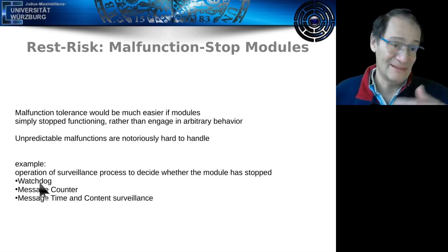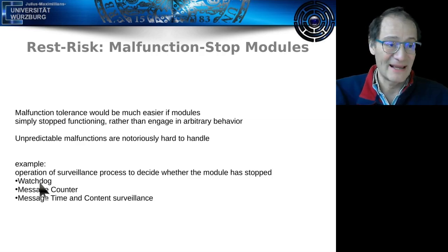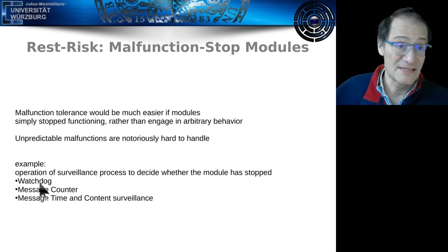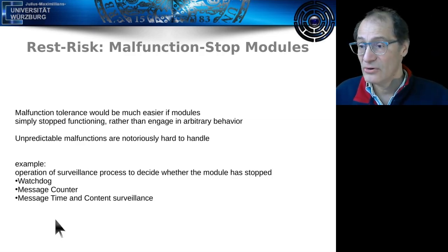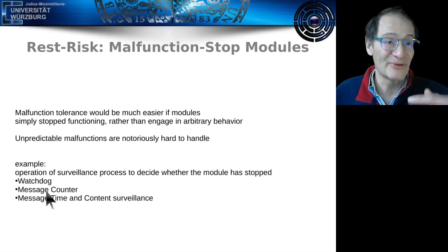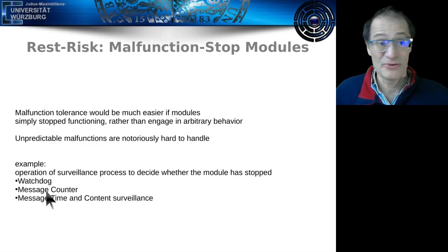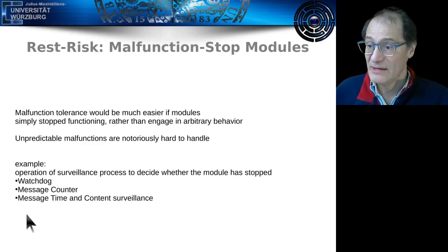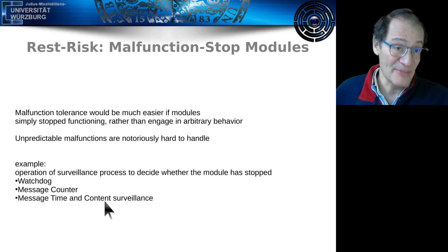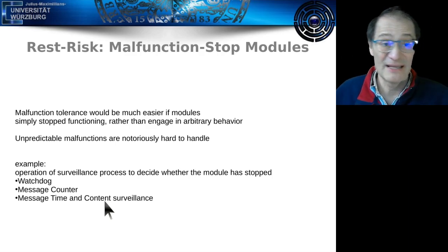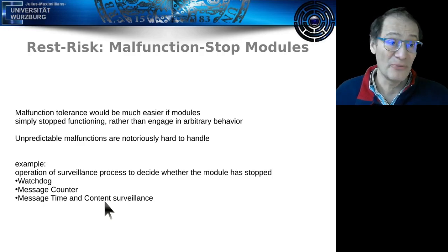You have a periodic timing report, and if this timing report is not coming, then you know this system has failed. Or you have message counters. You can see how many messages are coming from a module. If this counter stays the same, then you know this module has failed. Or you have message timings. So you know at what time you shall expect a message from every module. If these messages are not coming, then you know the module has failed. So it's easy to detect.